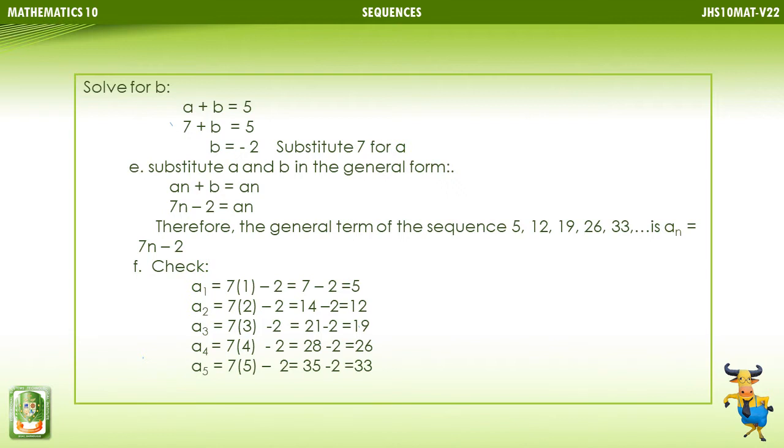Therefore, the general term of the sequence 5, 12, 19, 26, 33, and so on is a sub n equals 7n minus 2. Step 6.